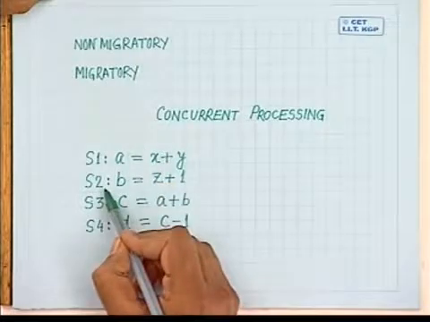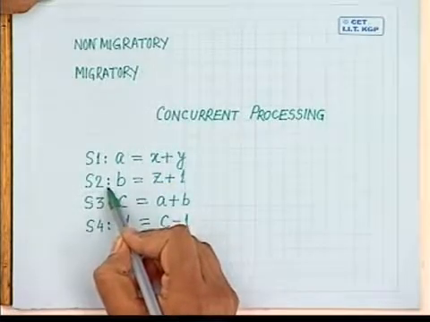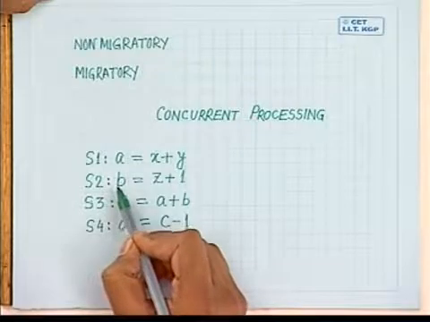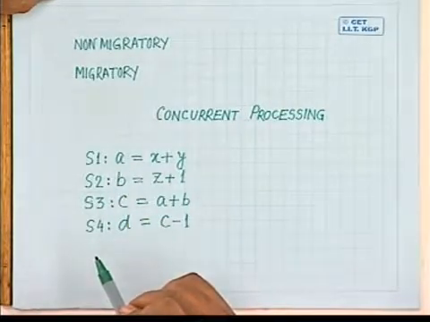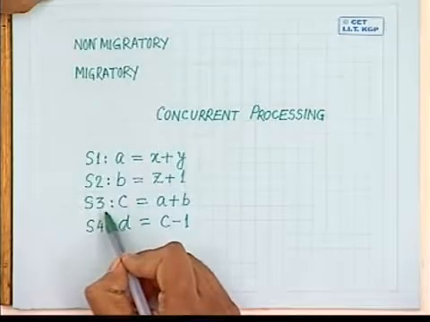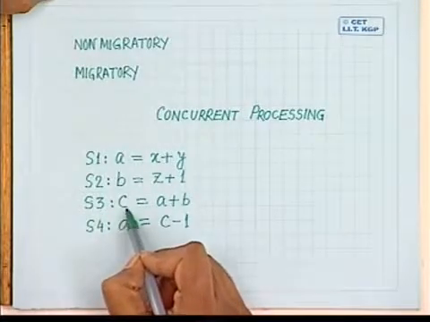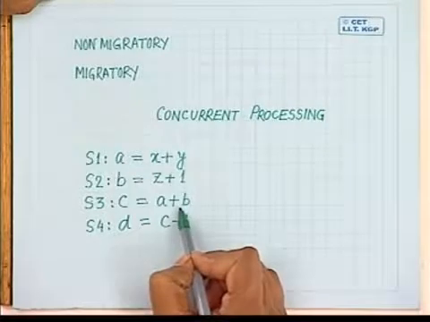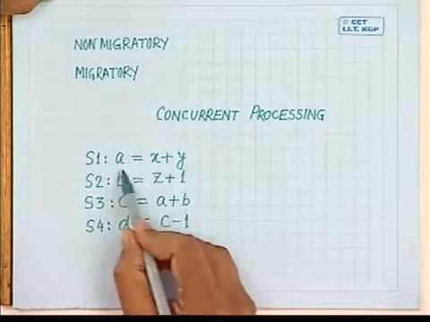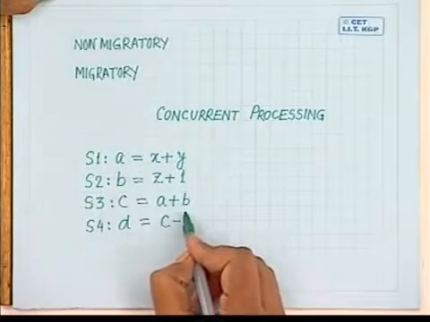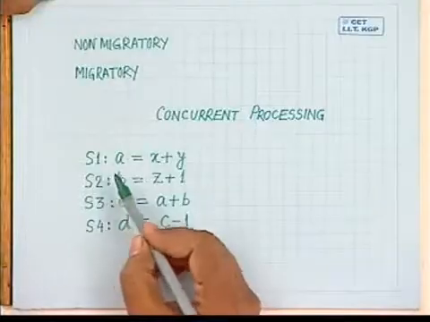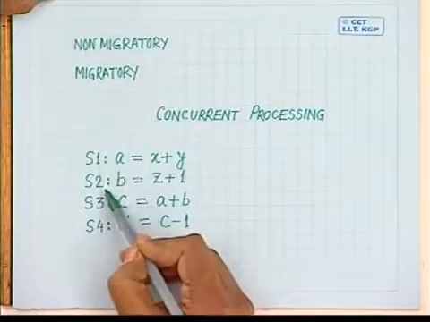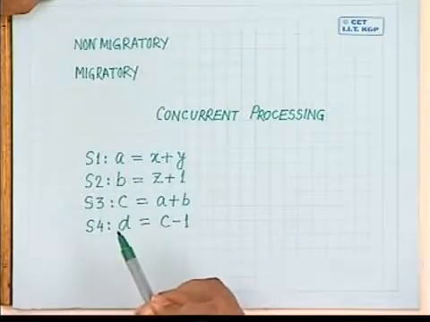That means for computation of S2, we don't have to wait for the completion of S1. Come to statement S3, which says C equal to A plus B. But A is computed in S1 and B is computed in S2. So naturally, S3 cannot be computed until statement 1 and statement 2 are complete.